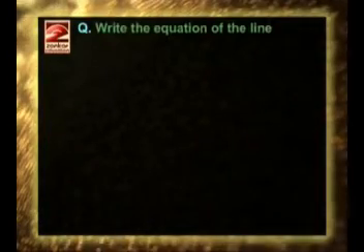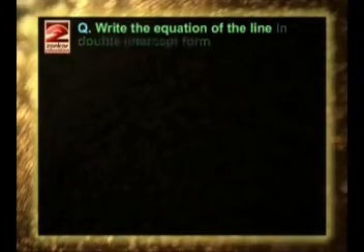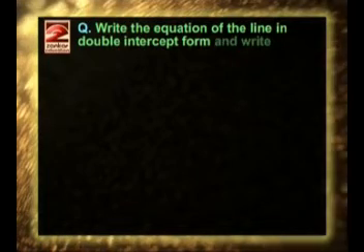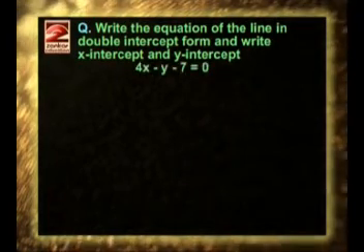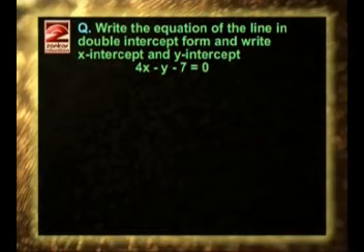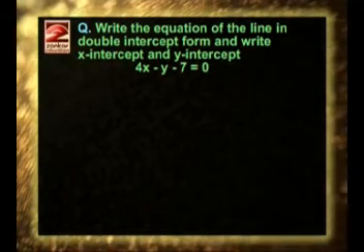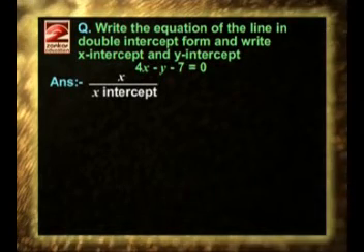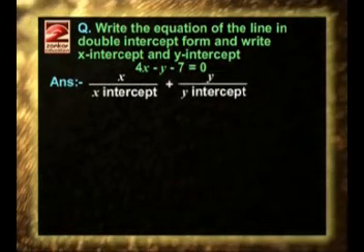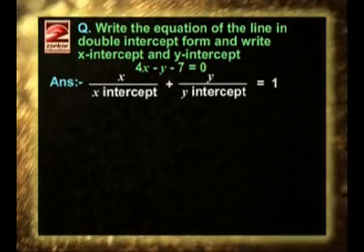Now the question: write the equation of the line in double intercept form and write x-intercept and y-intercept. The equation is 4x minus y minus 7 is equal to 0. The equation is x upon x-intercept plus y upon y-intercept is equal to 1.